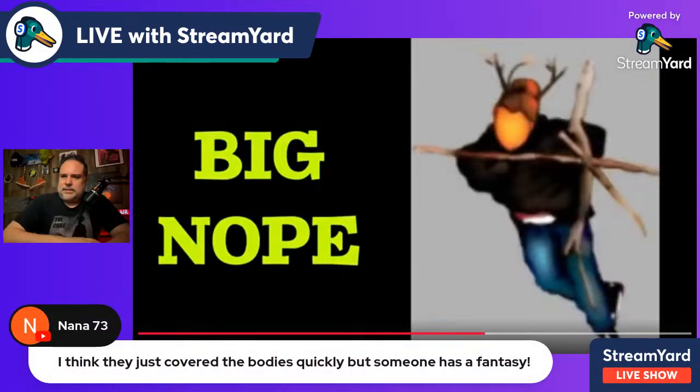Nana says, I think they just cover the bodies quickly, but someone has a fantasy. But my problem there is the geometric pattern, the fact that the sticks were placed on the necks of the victims, to me really is not an undoing.